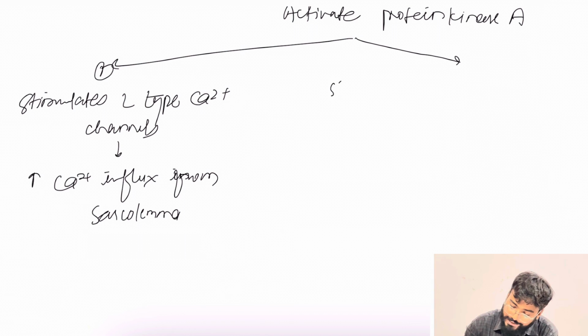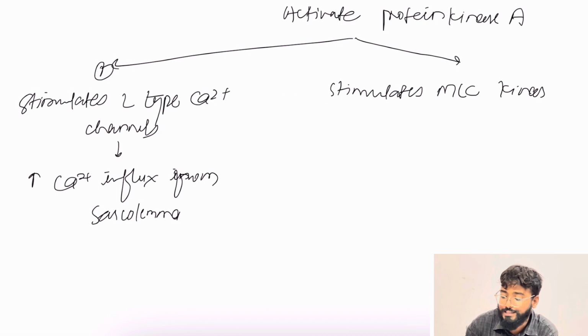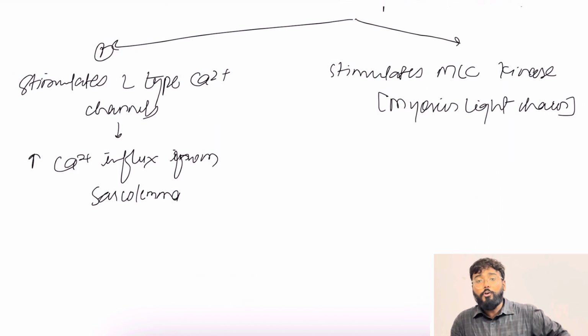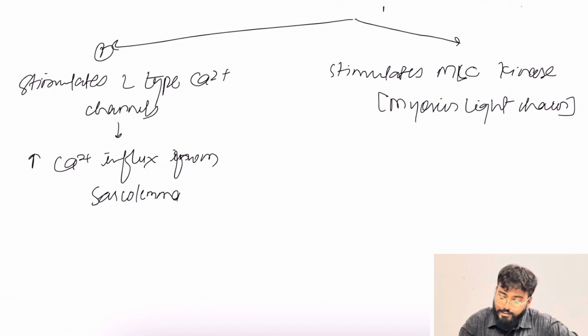It also stimulates MLC kinase. What is MLC? MLC is myosin light chain. It also stimulates MLC kinase. And what is the function of MLC kinase?